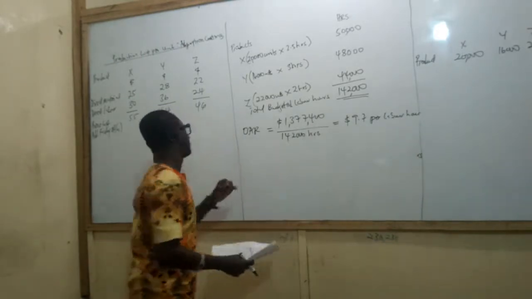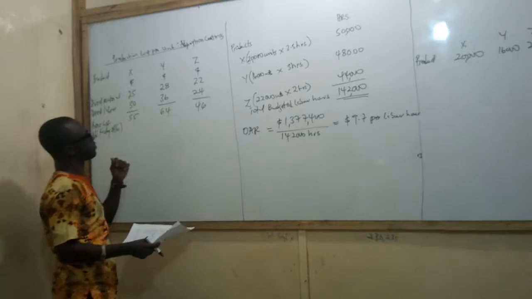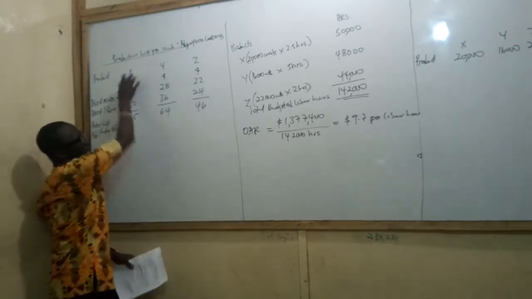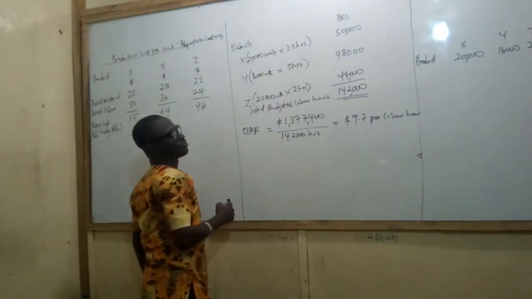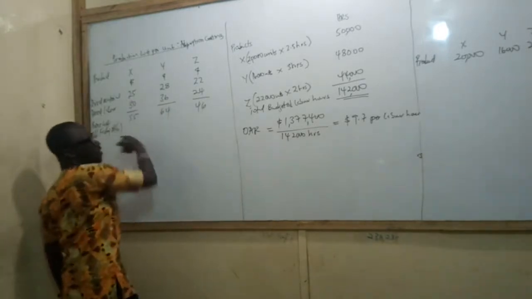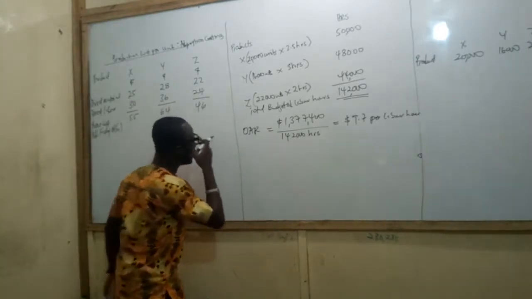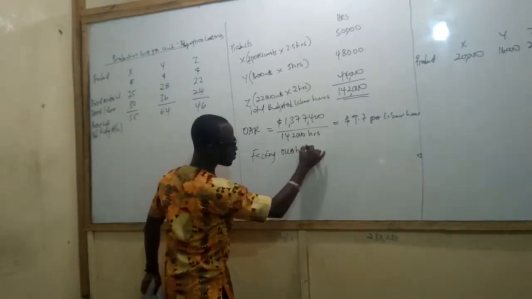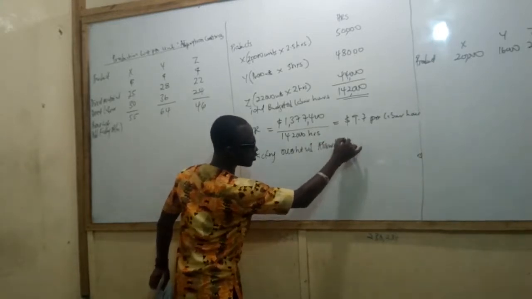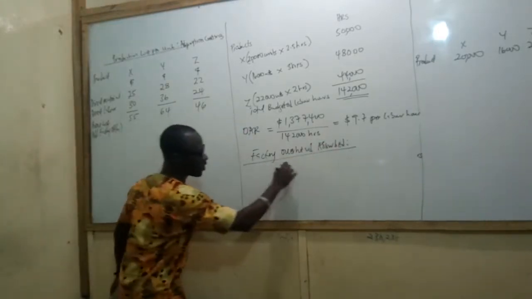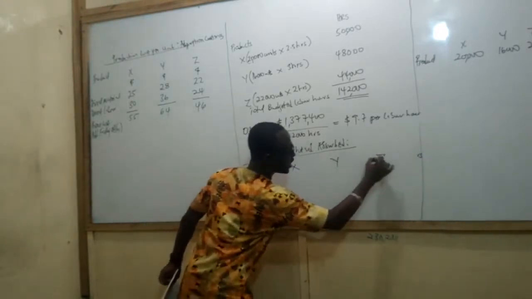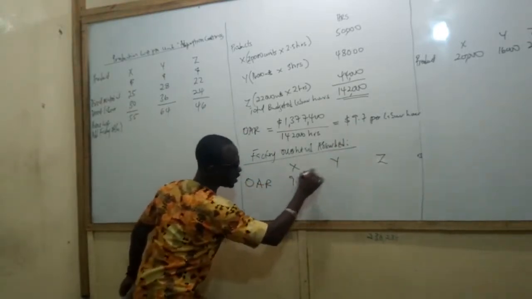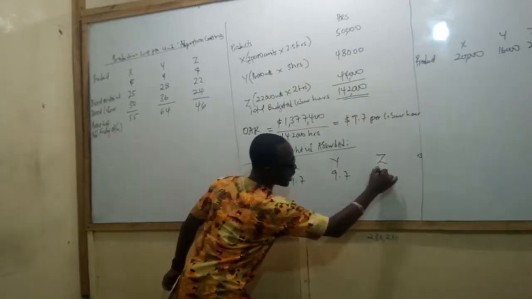After that, you need to come back and ask yourself, you are calculating the production cost per unit. If you take X, how many hours does he use? So to get the factory overheads, I'm going to do the workings here so that you get the understanding. Then we pick the thing here. So factory overheads absorbed will be, we put a product like this, X, Y, Z. Overhead absorption rate, 9.7, 9.7, 9.7.